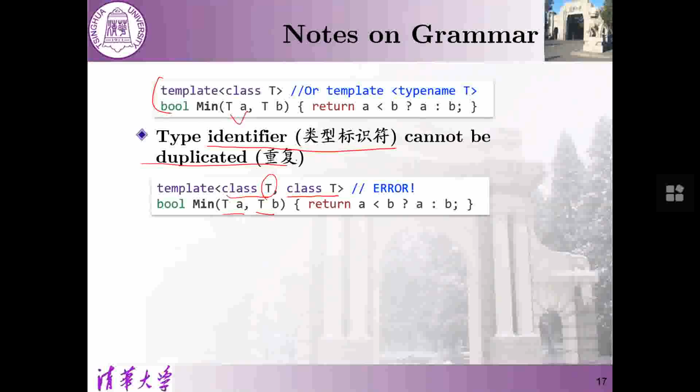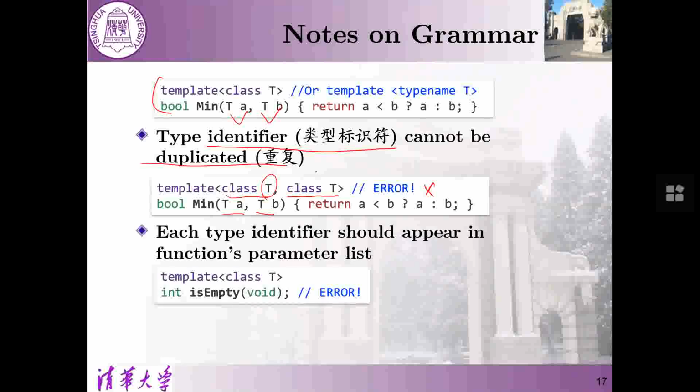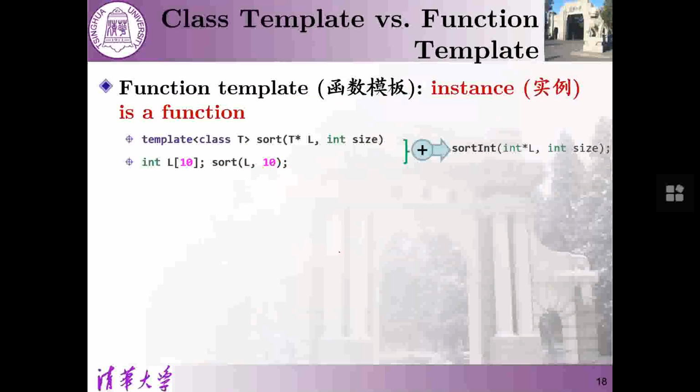This is the correct way, and this is the wrong way. We can use one type for two different parameters. And each type identifier should appear in the function parameter list. If we have a type identifier T here but it is not used in the function, then it will generate an error.